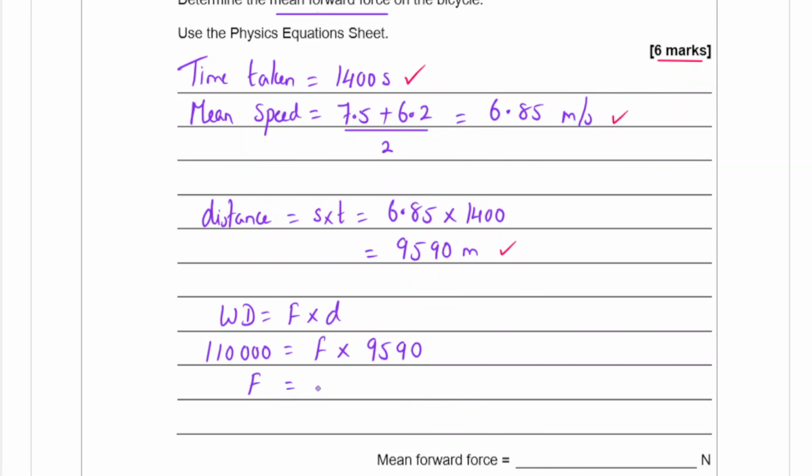Rearranging it, force equals the work done divided by the distance moved, which is 110,000 divided by 9,590. That gives me 11.470 newtons. So again, the other marks are coming from these 3 points.